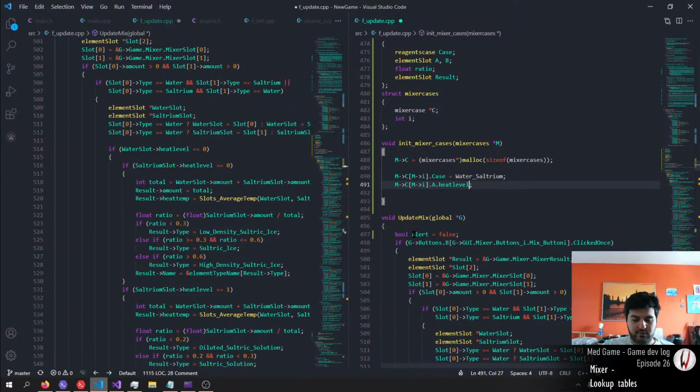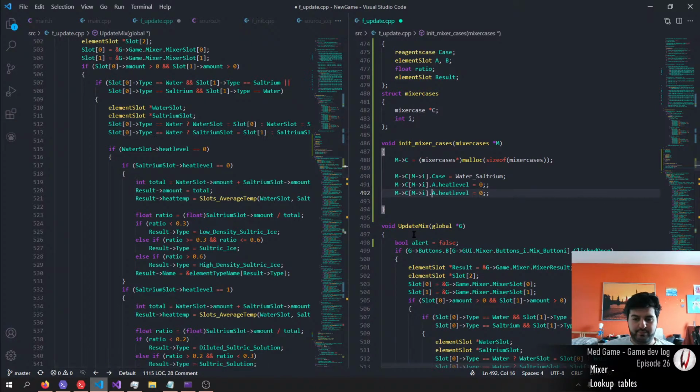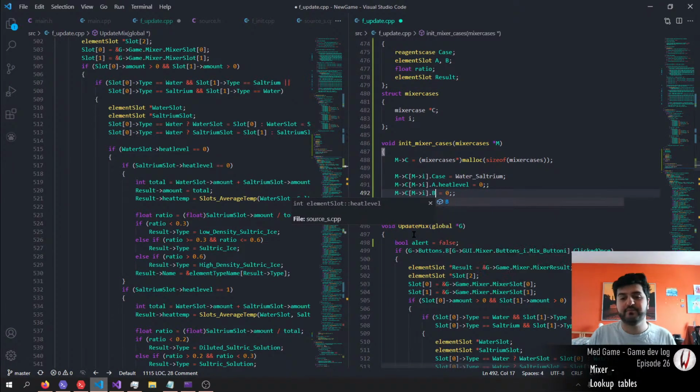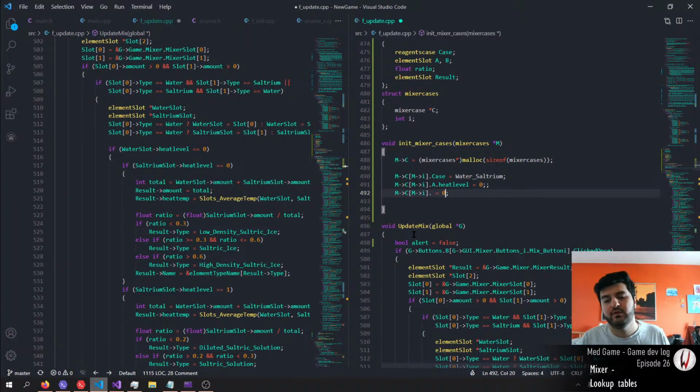The heat level of water equals 0. What else do I have other than the heat level? I have the amount, right? That's basically it. Alright, so okay, so B dot heat level will equal 0.